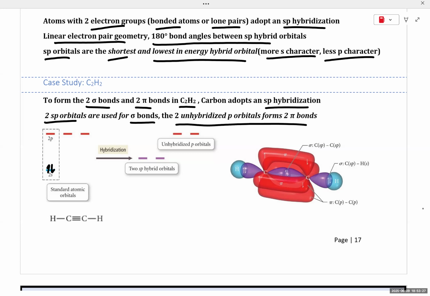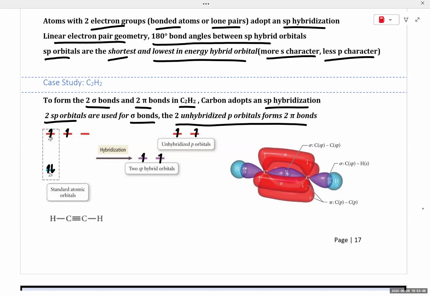Again, carbon has 1, 2, 3, 4 valence electrons. We hybridize our s and p orbitals together to make two hybrid orbitals, and we have remaining two unhybridized p orbitals that can be used and overlapped to form pi bonds.